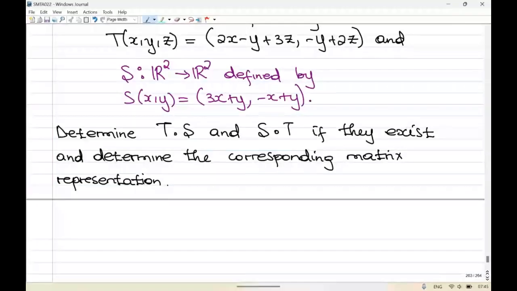Colleagues, are you there? Do you see the example? Yes, sir.